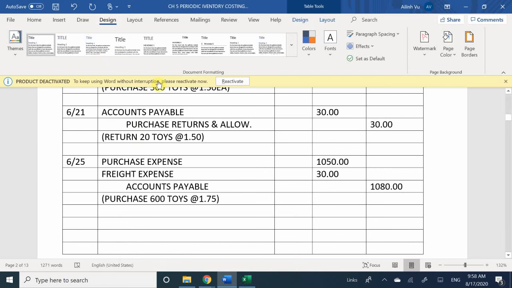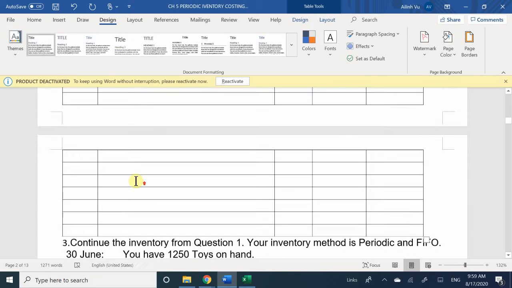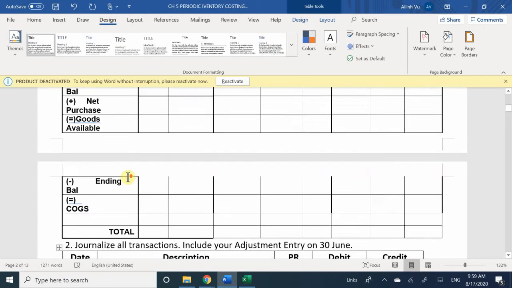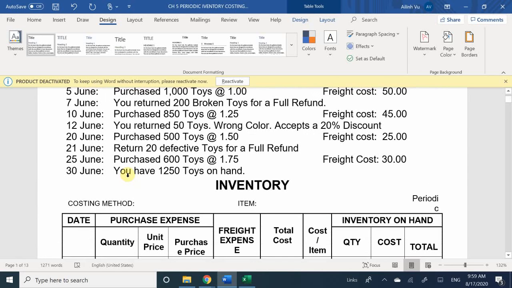Okay. And then lastly, let's see. Ooh, okay, I didn't have enough journal space for this one, but let's go ahead and do the last part. What happened on the 30th of June? Ending inventory is 1,250 toys. Exactly.